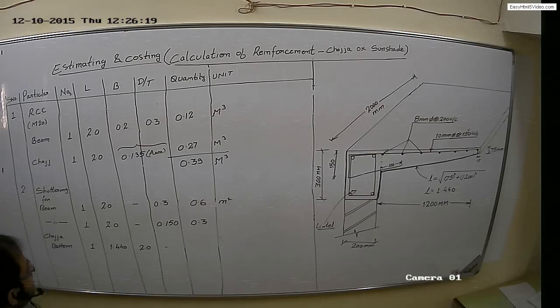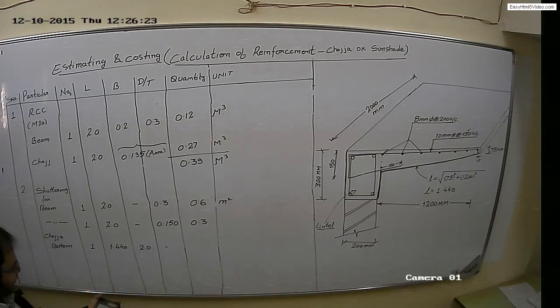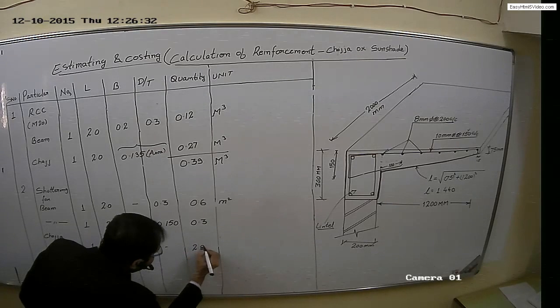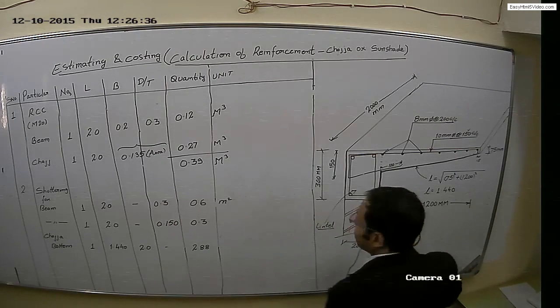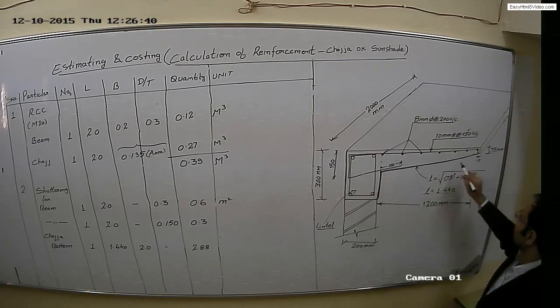So the quantity can be calculated by multiplying these three numbers, which is 1 into 1.44 into 2. You will get 2.88. Okay. We have completed three faces: the left of the beam, the right of the beam, the bottom of the Chajja.